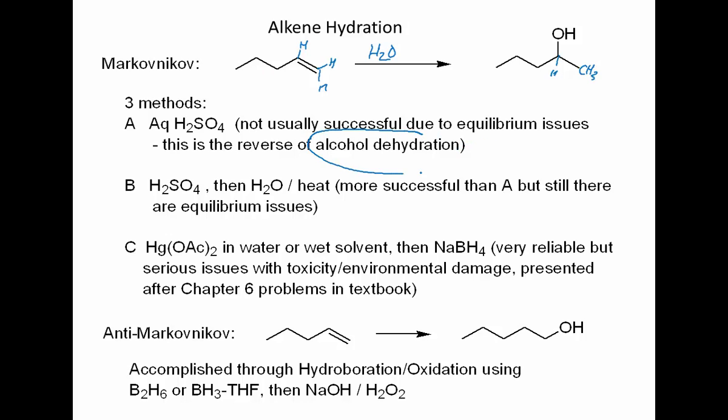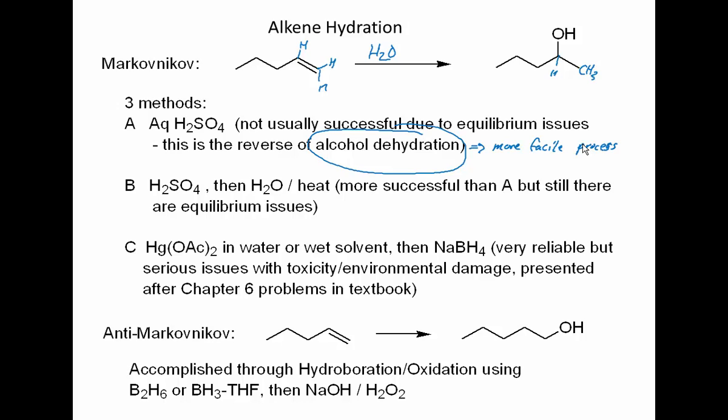Alcohol dehydration is usually, in most cases, the more facile process. It's hard to generate conditions that favor addition of the water across the alkene.